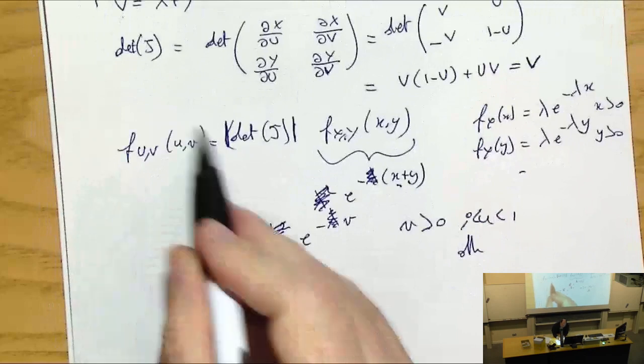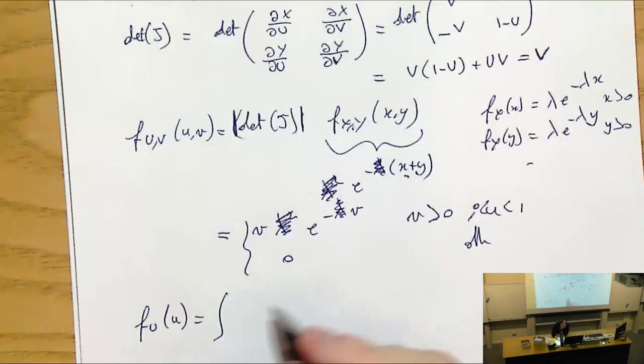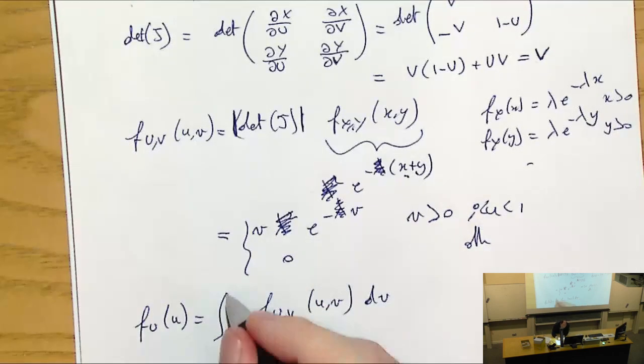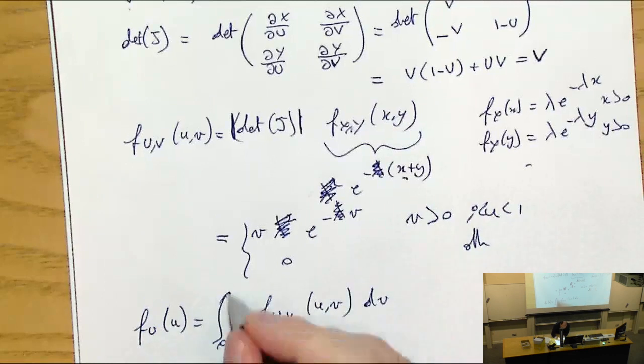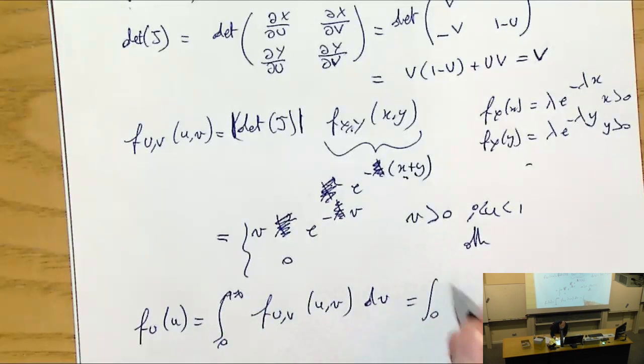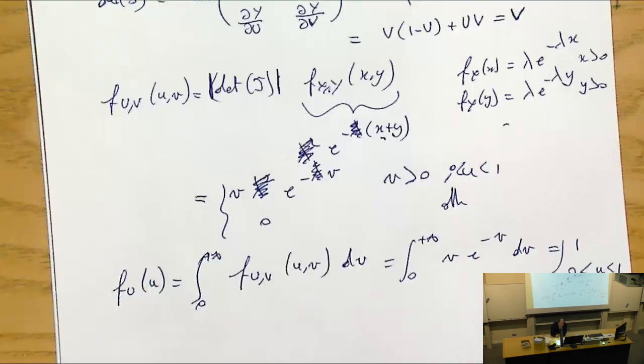So now you have the joint PDF of u, v that is given by this, and then from there you can compute the marginal of u. That's the integral of the joint PDF of u, v over v. What is v? v is positive, so between 0 and infinity. And if you integrate between 0 and infinity v e to the minus v dv, what you get is 1 between 0 and 1, and otherwise it is 0.